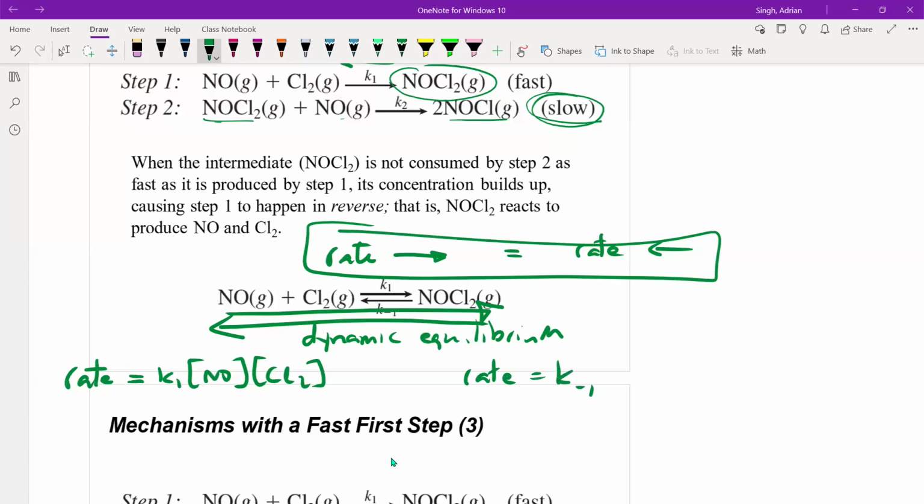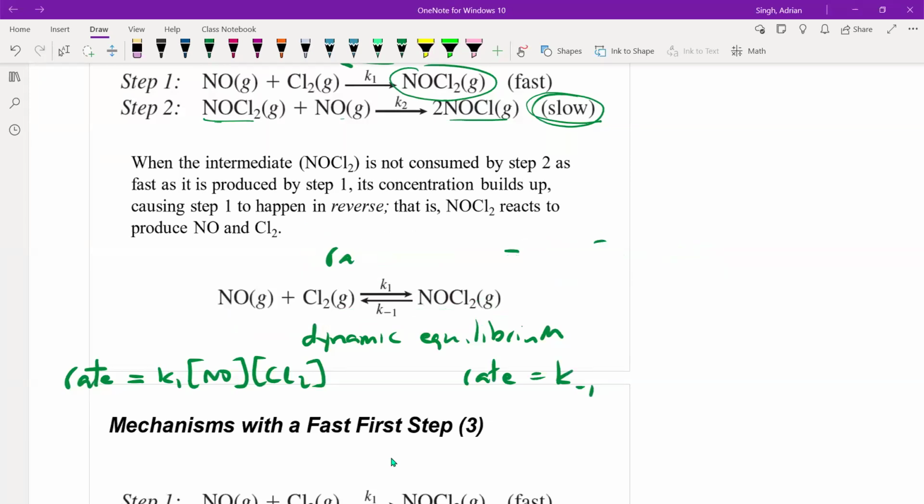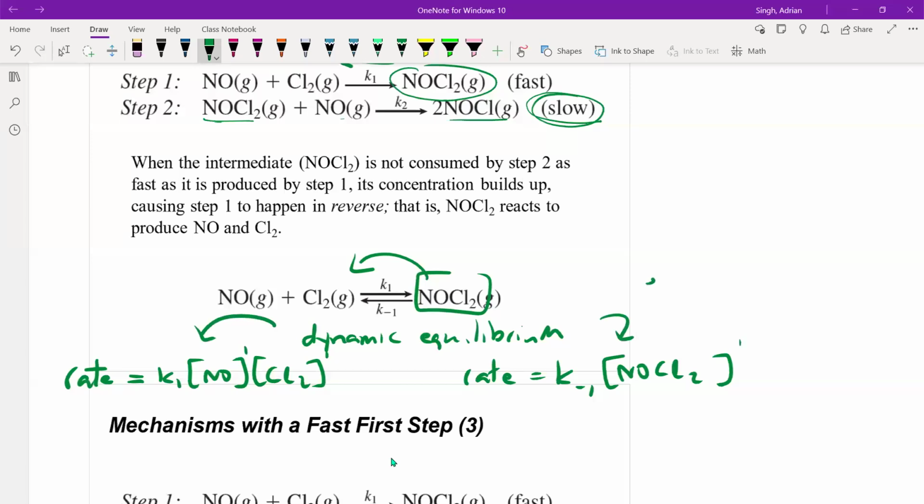So if we're going in the opposite direction now, going from right to left, this is going to be our reactant turning into the products. So now we're going to have K sub minus 1, and we have NOCl2 being the reactant. The coefficient there is 1, so that's 1 as well, right? So at dynamic equilibrium, these two rates are equal to each other.